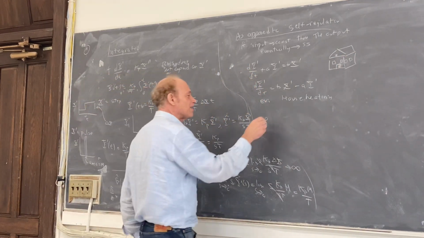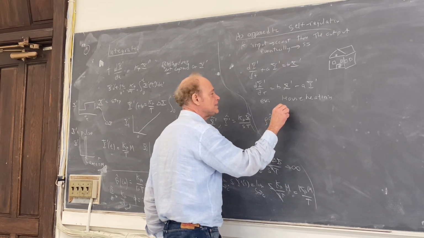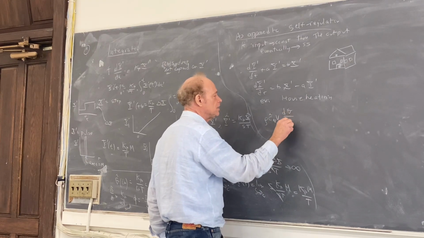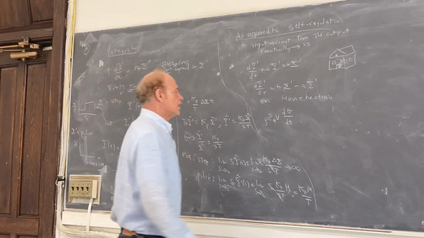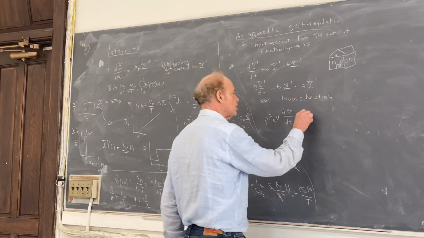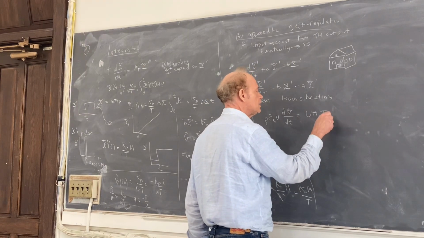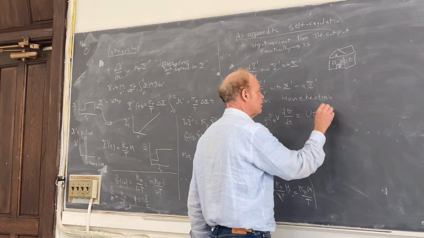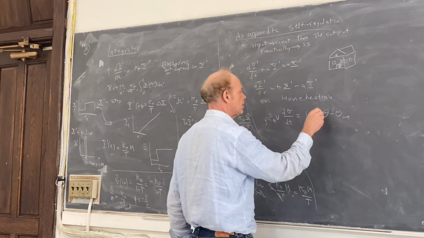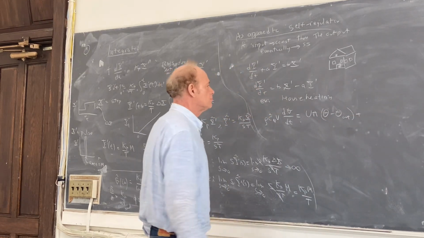Okay, so I've got rho CV hat times volume d theta dt is equal to, well, I've got the in minus out, so I've got a UA theta minus theta out. And then I've got the heater.